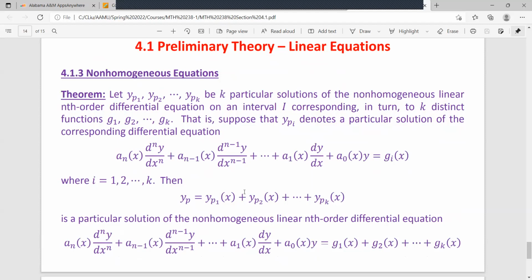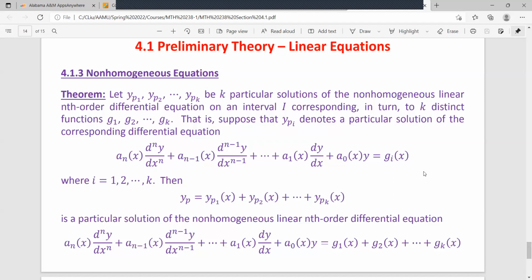That will give you a particular solution of the differential equation at the bottom. And from that, we can find a solution for the differential equation in general.